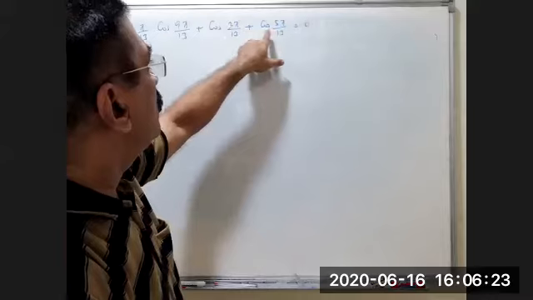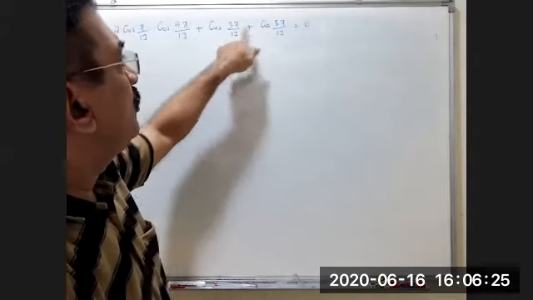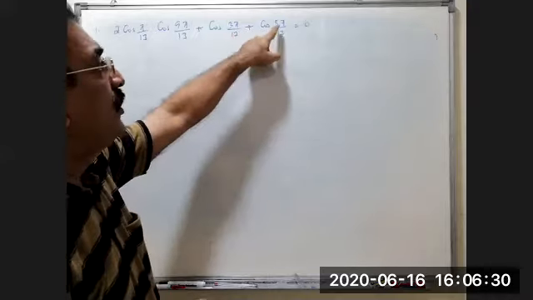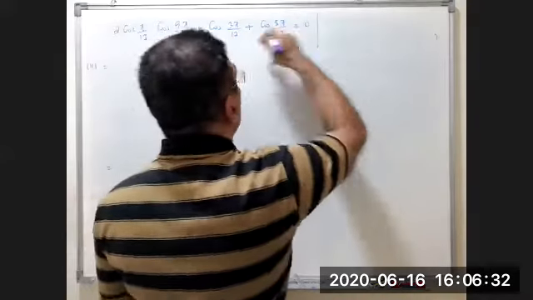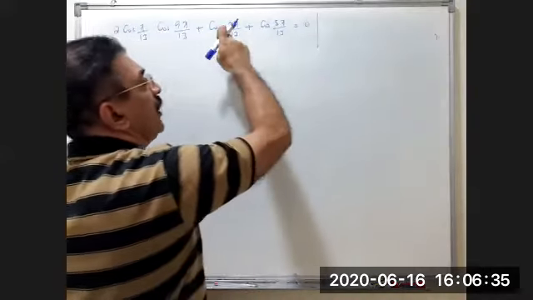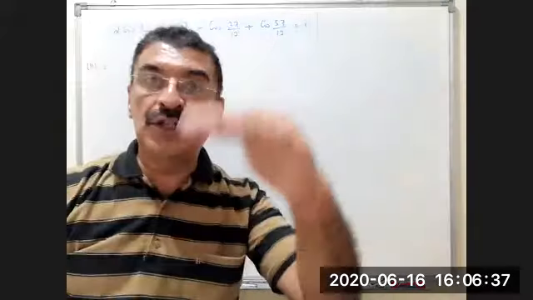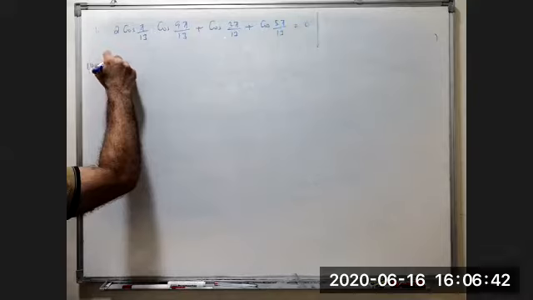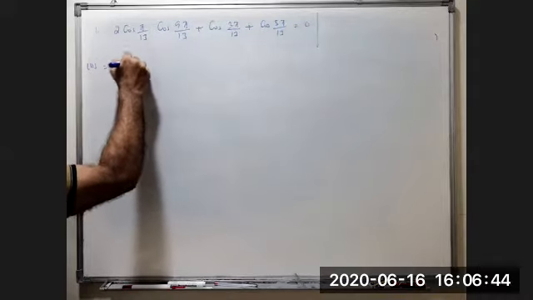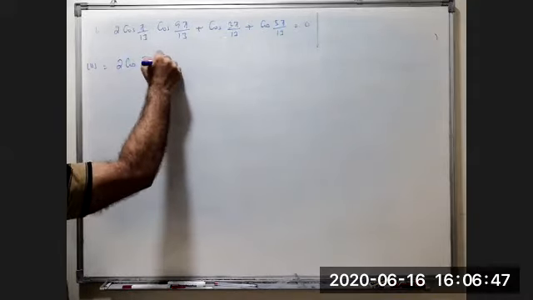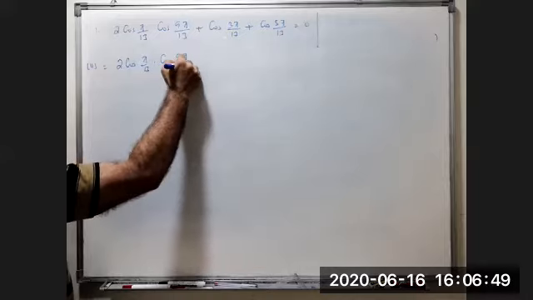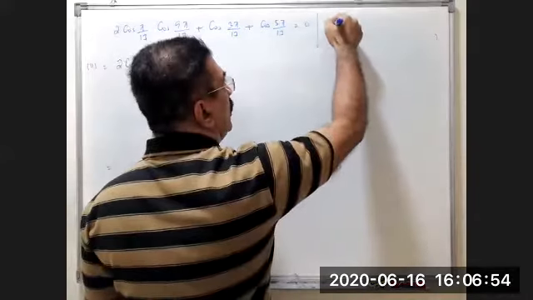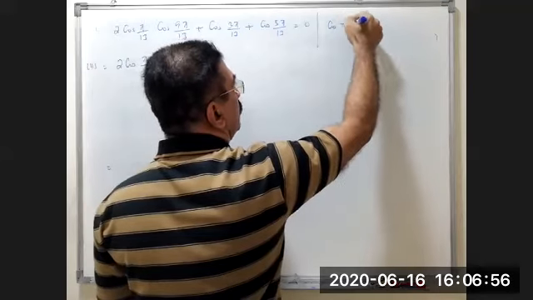If we use cos x plus cos y, 2 cos (x plus y) by 2 into cos (x minus y) by 2, we can take a common factor. Leave 2 cos pi by 30 cos 9 pi by 30 as it is, plus this one, use the formula cos x plus cos y.